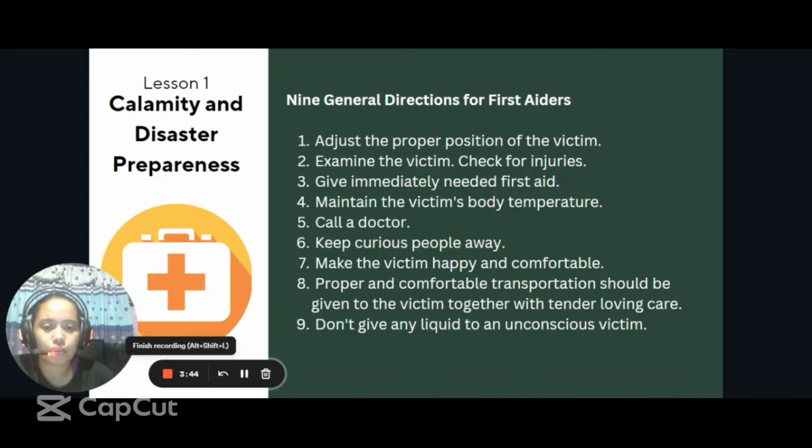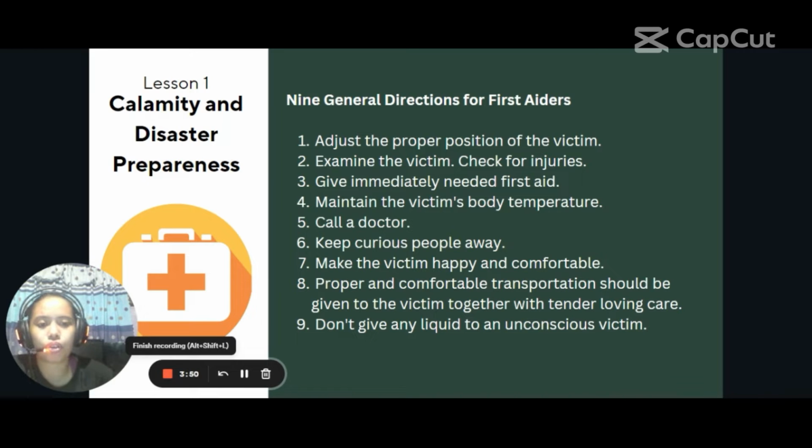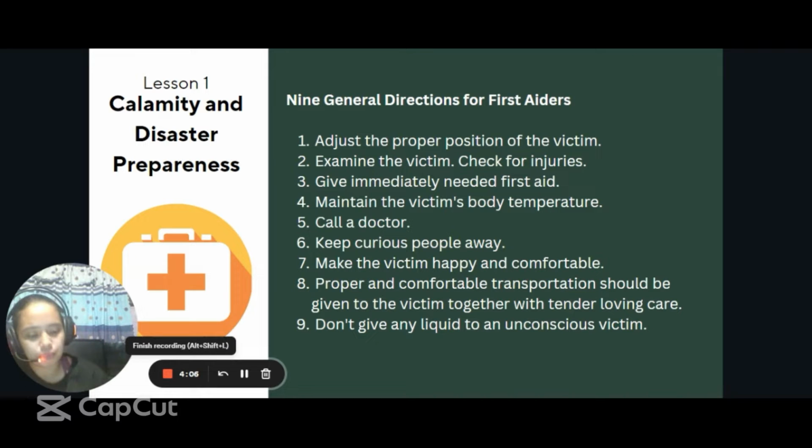Number six, keep curious people away. And seven, make the victim happy and comfortable. Number eight, proper and comfortable transportation should be given to the victim together with tender, loving care. Number nine, don't give any liquid to an unconscious victim.